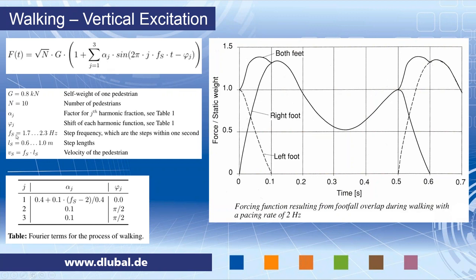So a walking person is usually walking with a step frequency between 1.7 and 2.3 hertz, and with step lengths of 60 centimeter to 1 meter. So this is usually the case, and you have to choose whatever is the worst case for your structure.